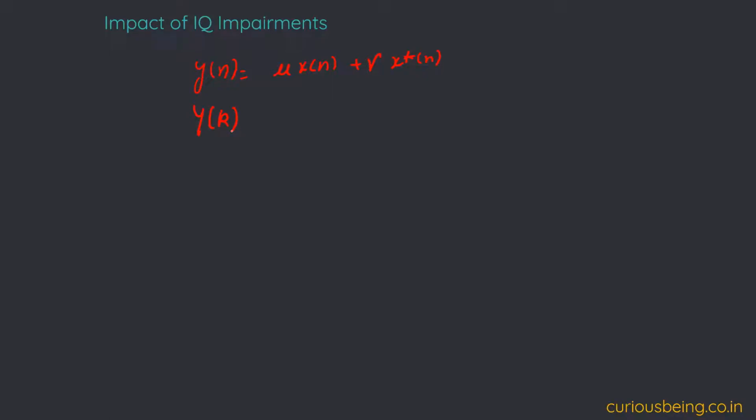There is one more important point: in the literature, we can find the IQ impairments, which were alpha, beta, theta, that could be frequency flat. This is category 1, where across the whole bandwidth their values are the same. Category 2, they could be frequency selective also.